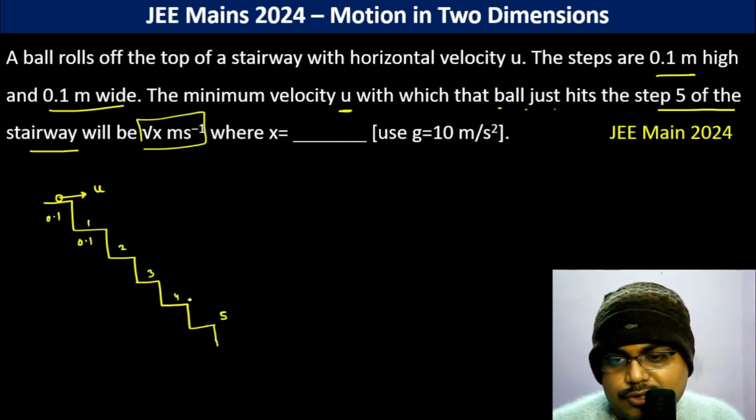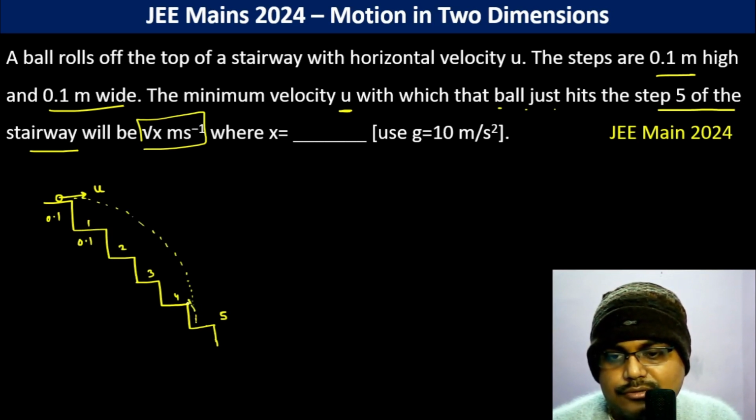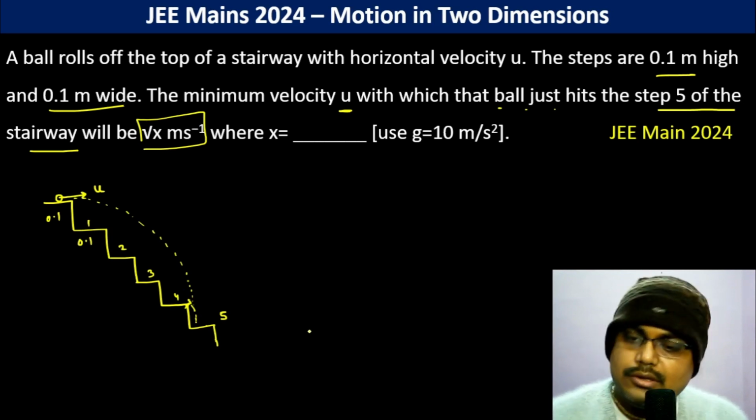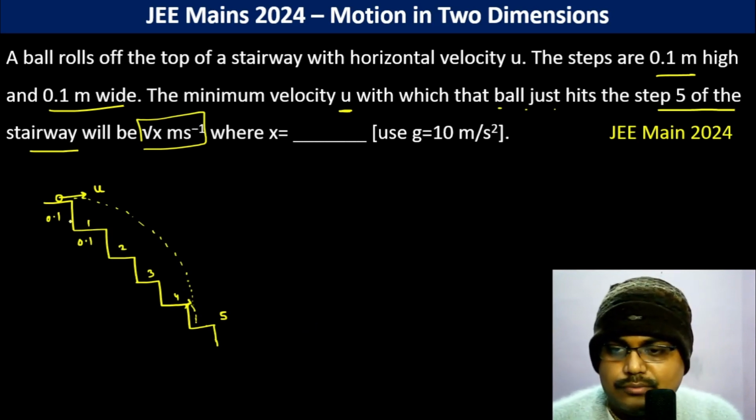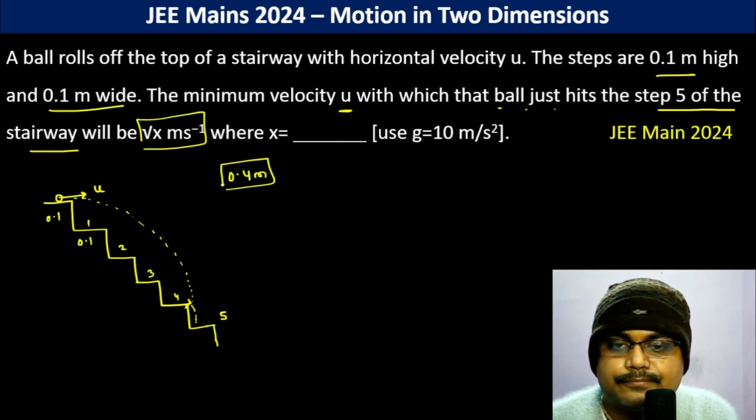So it has to cross here. It has to travel such a way. It has to cross here. Okay, fine. So height, it goes down as 0.4 meter.